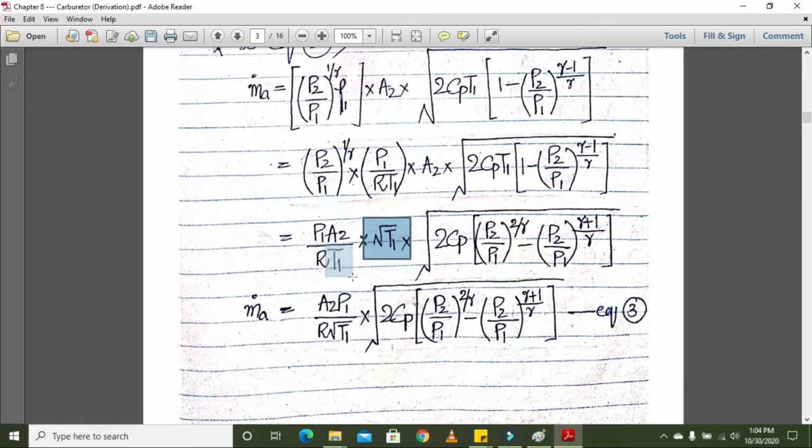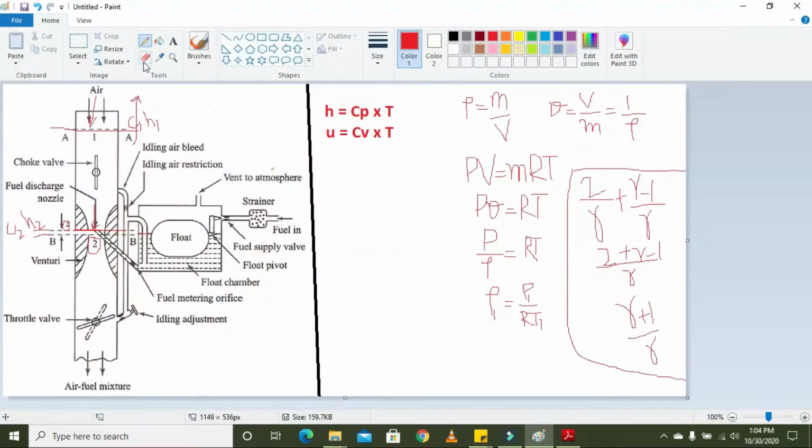As we know, when root T and root T are multiplied with each other, we will simply get temperature.